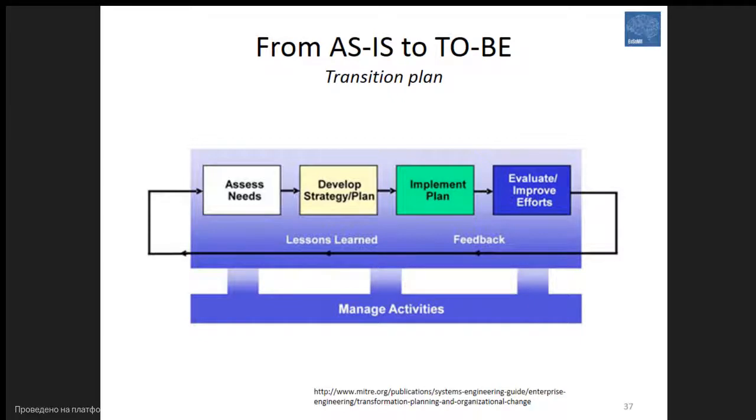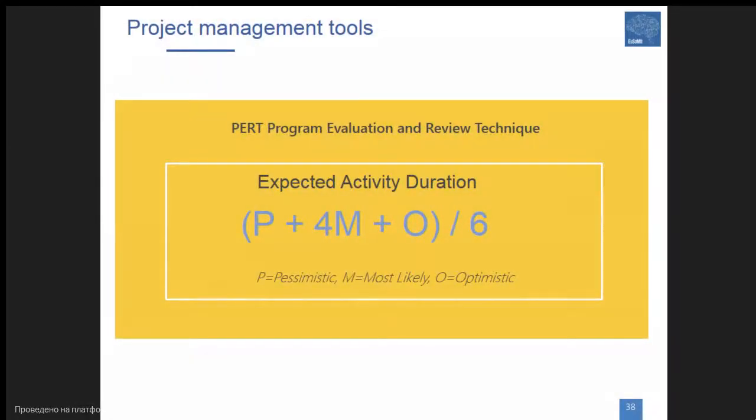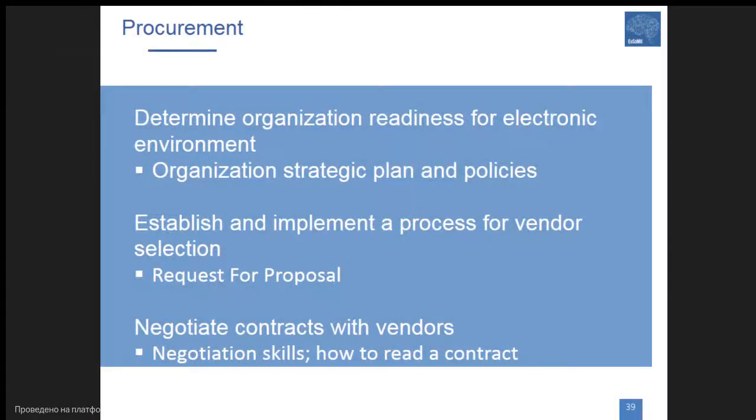The time which is necessary for the project is calculated as the average of six values: one pessimistic scenario, four multiplied by the most likely time which should be allocated, plus the optimistic scenario. So the average of those numbers would allow you to properly evaluate the time required for the project.